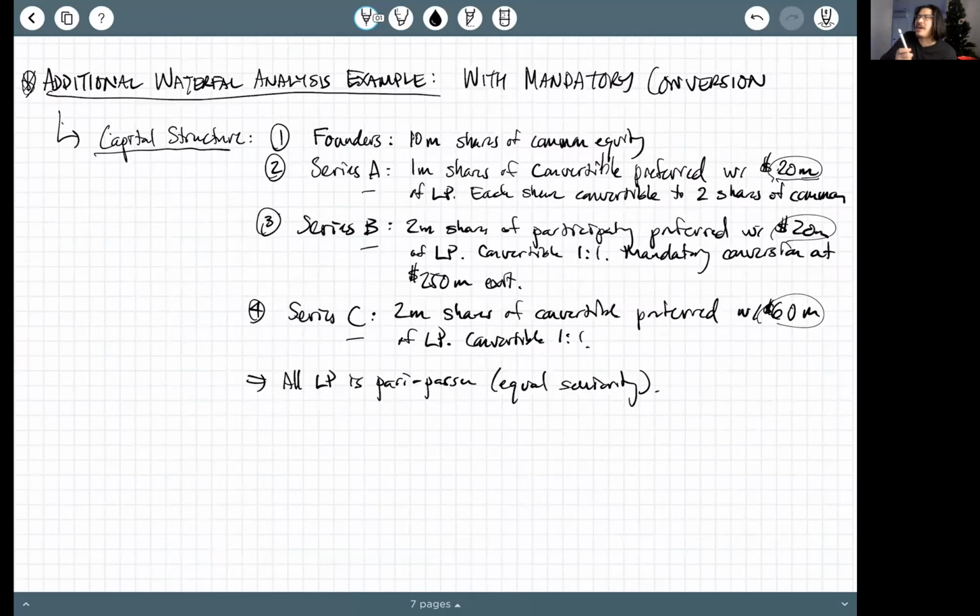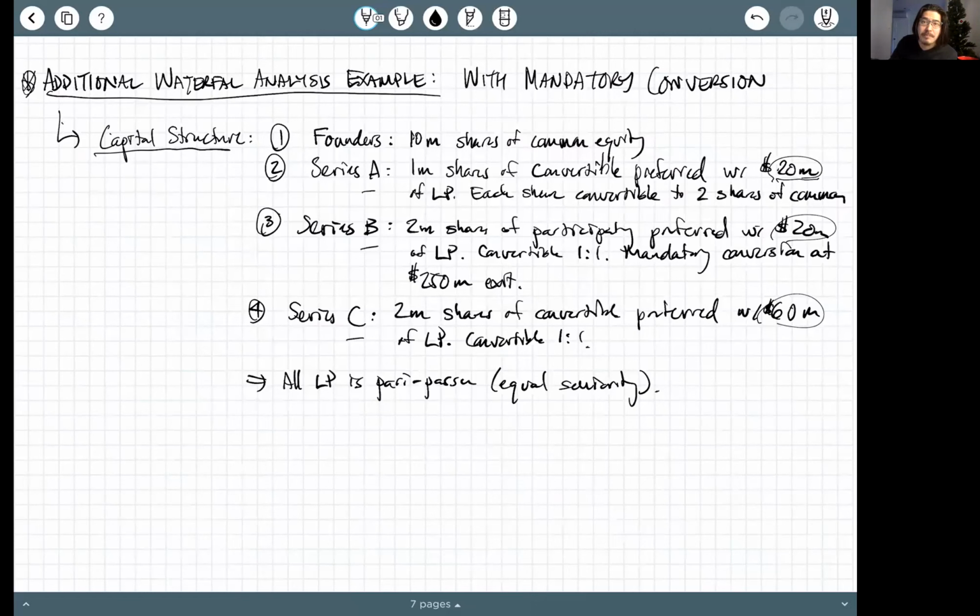But after an exit value of 100, what could possibly happen next in terms of the first key event, in terms of either one of the investors in the capital structure exercising optionality, i.e. exercising the option to convert preferred into common, or someone being forced to convert because of mandatory conversion? Well, in this particular case, all 3 things that can possibly happen in this capital structure are a priori possible.